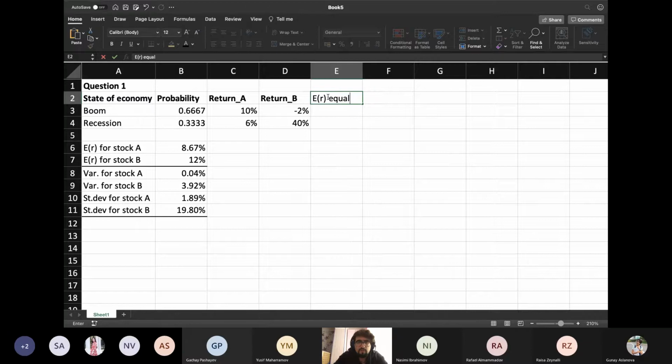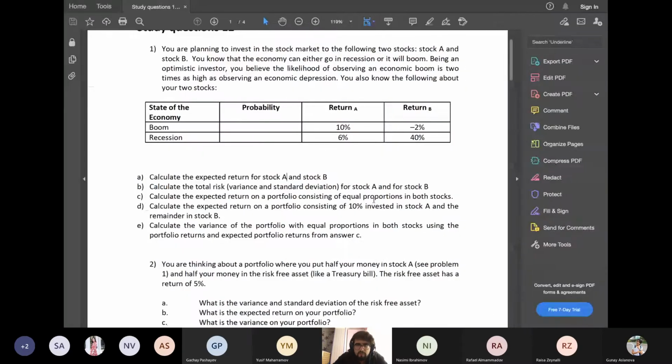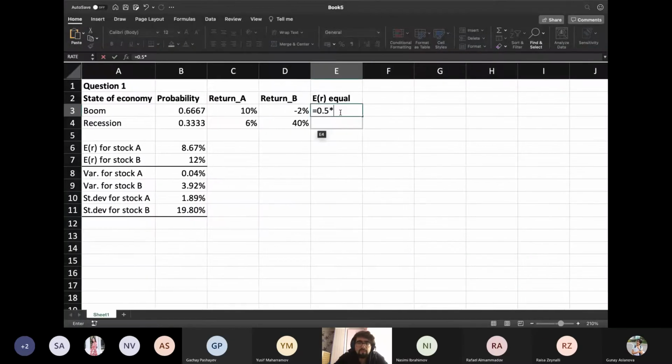Let's find expected return of the portfolio for each state of the economy. 0.5 because equal proportions is asked in both stocks. 0.5 times return A and 0.5 times return B. Correspondingly, we can drag down here. Yes, 6%, 40%, and 4%.